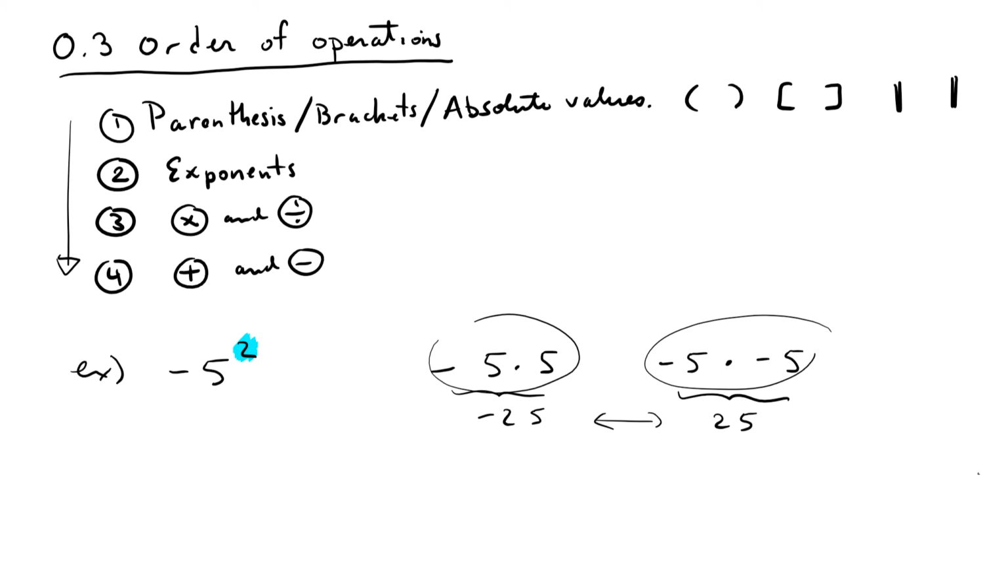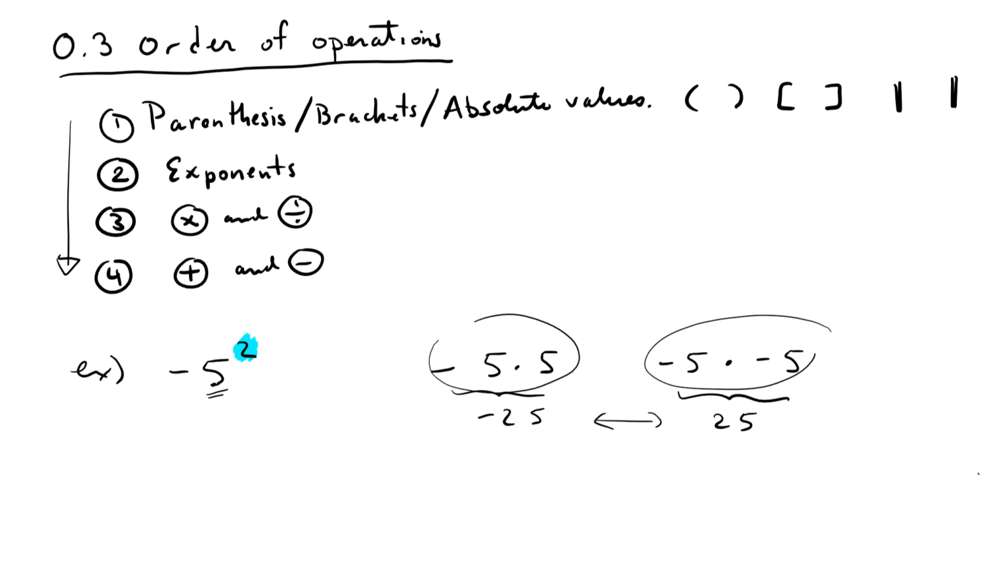If the writer wanted the squaring operator to apply to minus 5, they would have had to put it in brackets. But because there's no bracket here, it applies immediately to what's next to it, and that's 5.